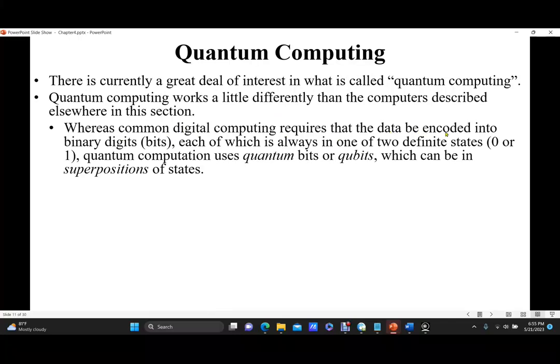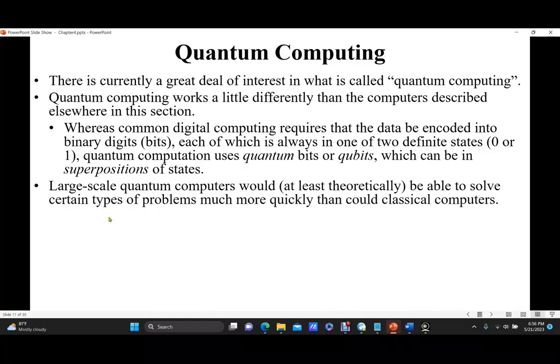Traditional digital computing requires that data be coded as binary digits or bits, each in one of two distinct states, represented as a 0 or a 1. Quantum computation uses quantum bits or qubits, and qubits can be in a superposition of states.